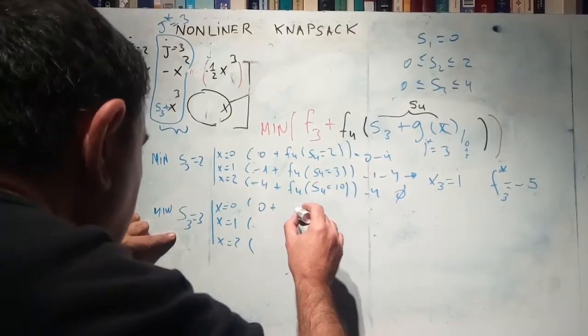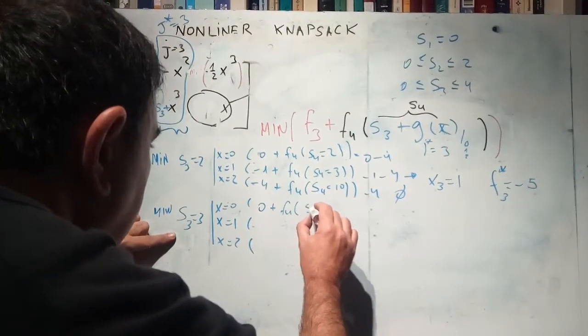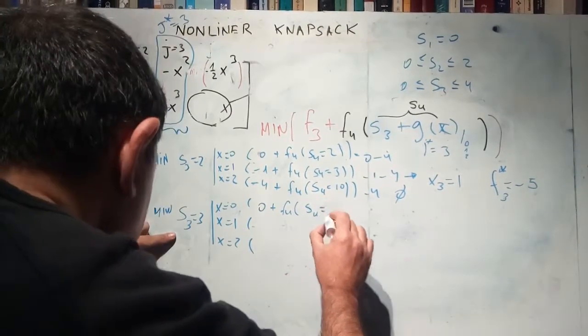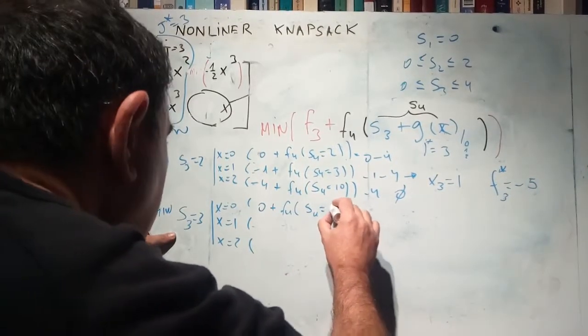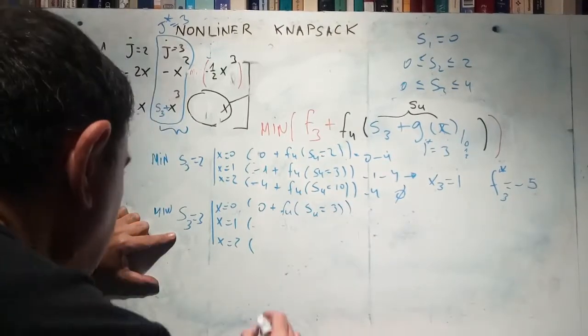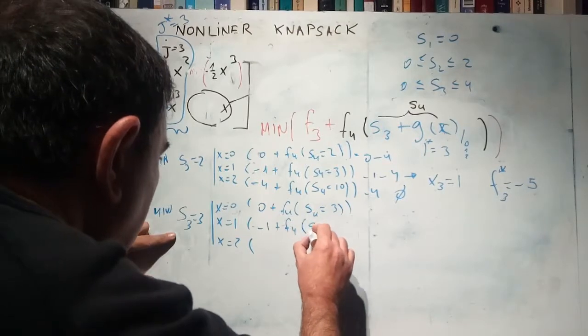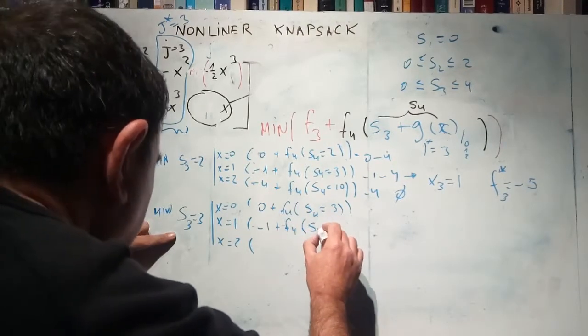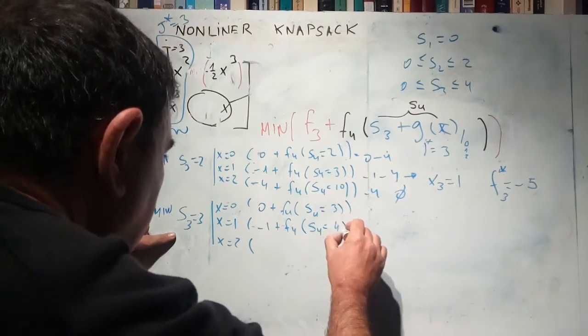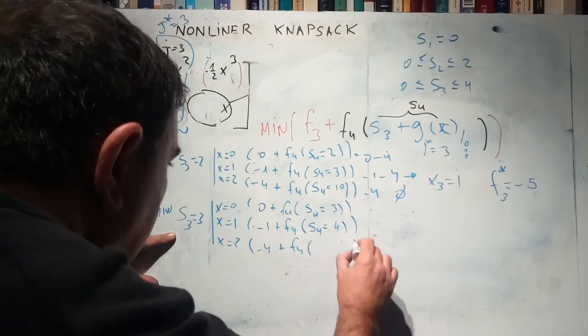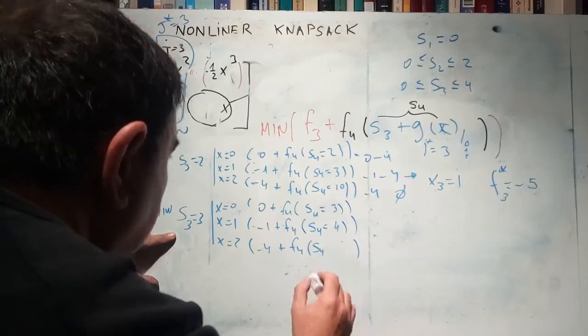plus f4 of s4 being 3, minus 1 plus f4 of a value of S4 being 4 and minus 4 plus F4 for a value of S4.